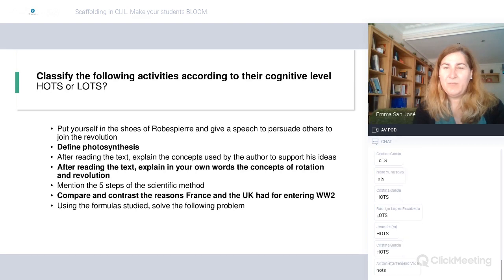Let me put it this way. Considering this, after reading the text, explain the concepts used by the author is number one, or you can simply say concepts by the author. And explaining in your own words the concept of rotation and revolution, which one would go first in the pyramid? The concepts used by the author or the concept of rotation and revolution, which one would you say needs to be done first?